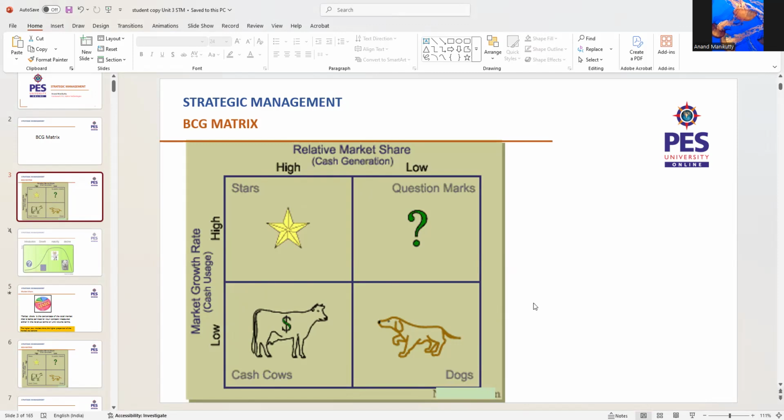The market growth rate axis tells you how fast the overall market is growing. A fast growing market is like a rising tide. It lifts everyone up. And axis two, relative market share, tells you whether you're a leader or a smaller player compared to your biggest competitor.